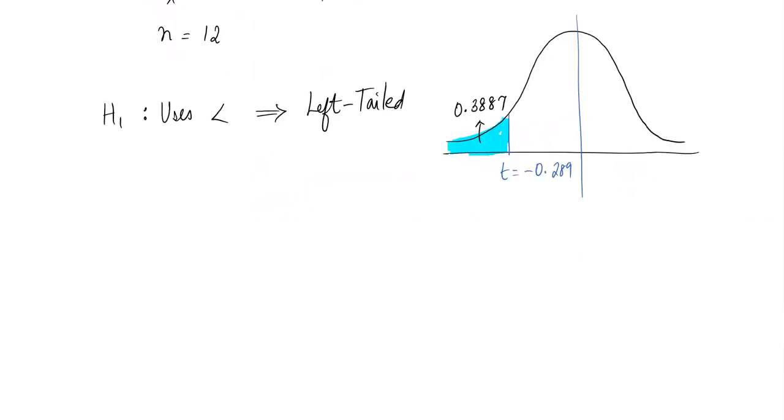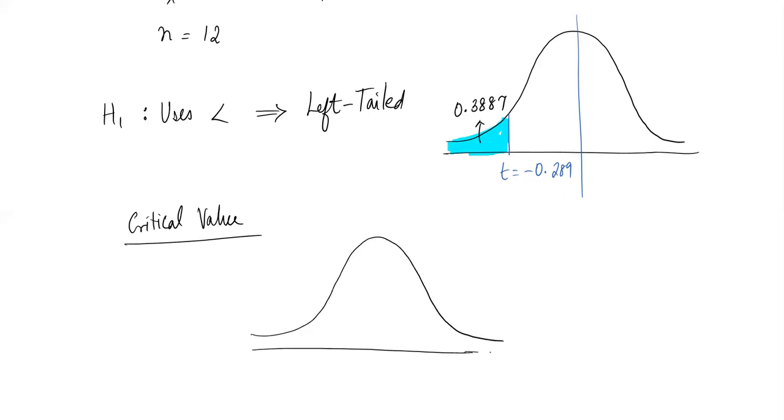If you're using the critical value, then you once again determine it's left-tailed, right? It's left tail, but we know that the left tail is that 0.05, your alpha.